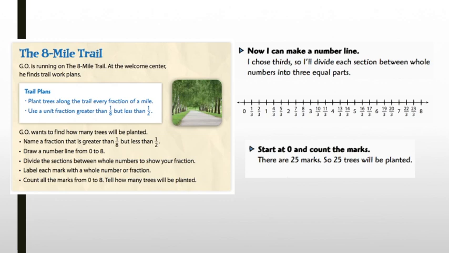So he counted from 0 to 8, and he started with 0. And when he counted those, he counted 25 marks. That means that Geo is going to need 25 trees to plant along the 8-mile trail.